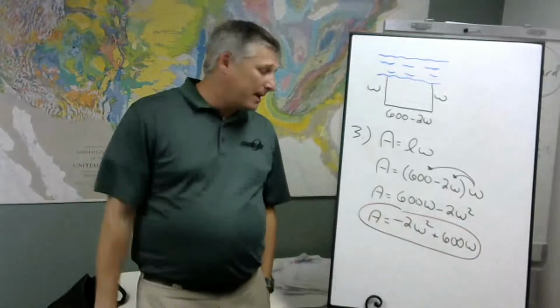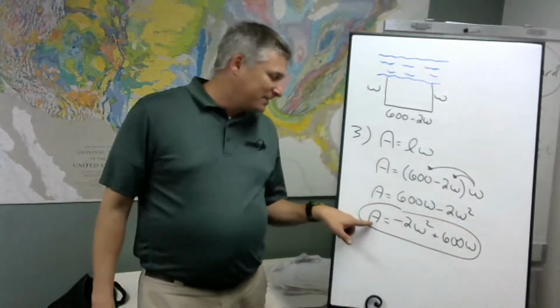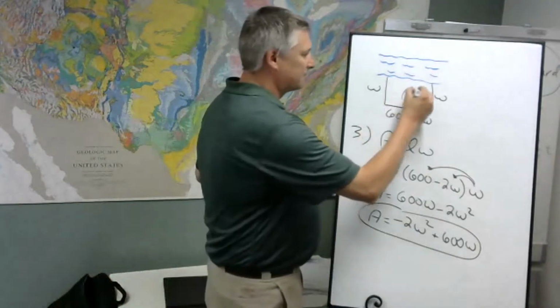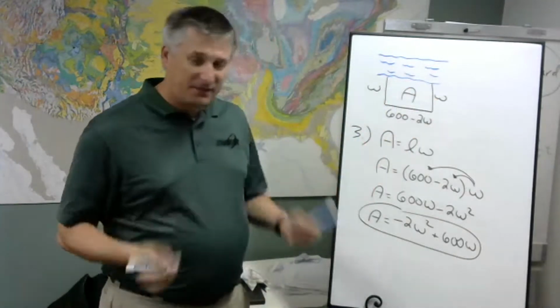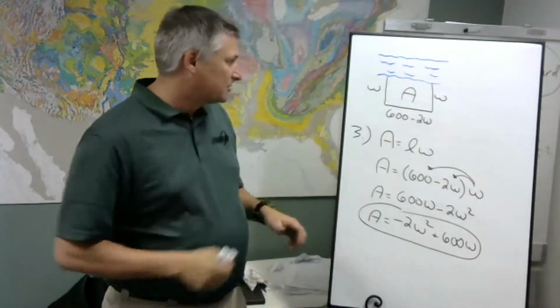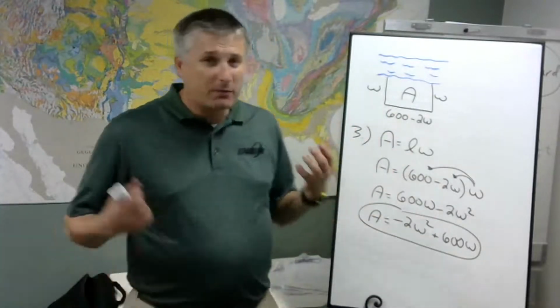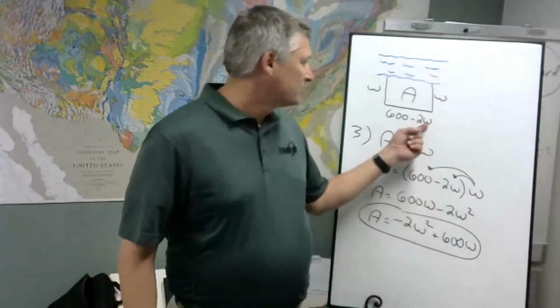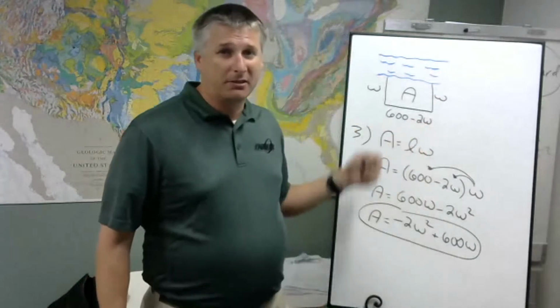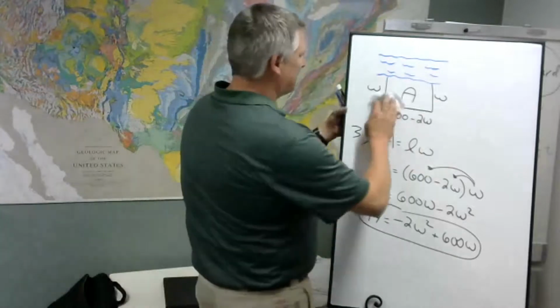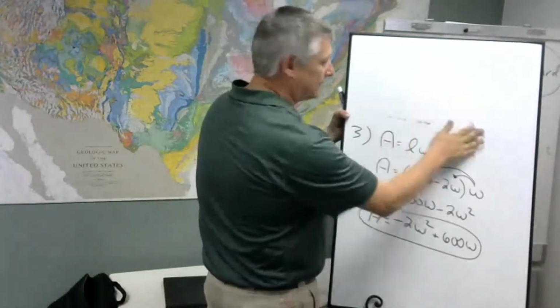Now what's really neat about this equation, this gives us the area of our garden. So if we put in a width, we'll get the area. Now if we ever want to find the length, just plug in that same width and we'll get the length also. Now let's take a look at this equation though. This is step 4 where we really get to solve it.